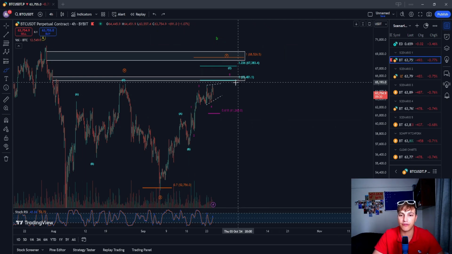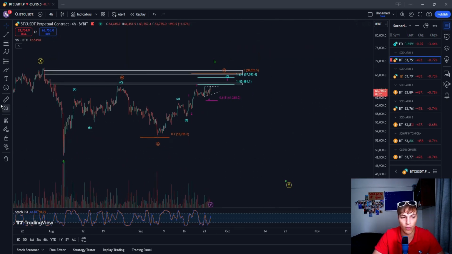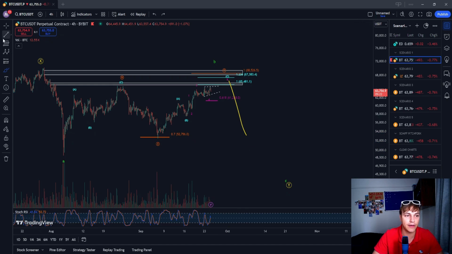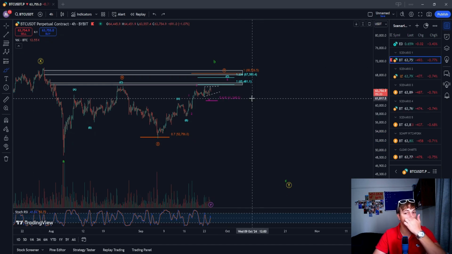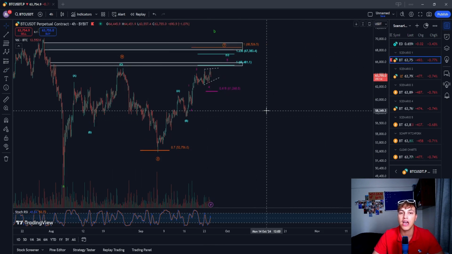That would be my trade for today, and we would then target this move down in the wave C. This would end up being quite a big move, and you can then swing trade it on the 15-minute time frame and short it for the longer move down on the 4-hourly time frame.